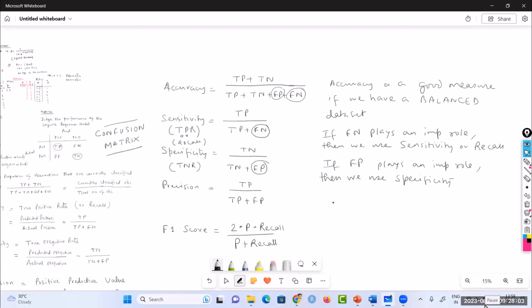Or precision. Now coming to precision, positive predictive value. So here I have false positive. So if false positive plays an important role, we use precision.